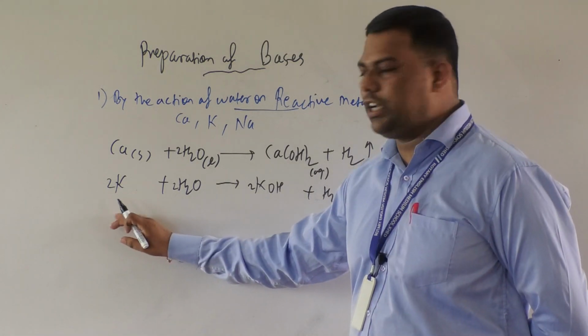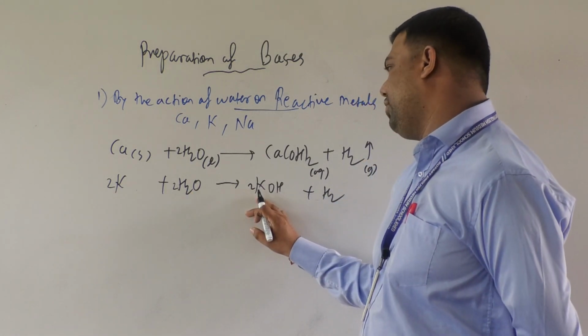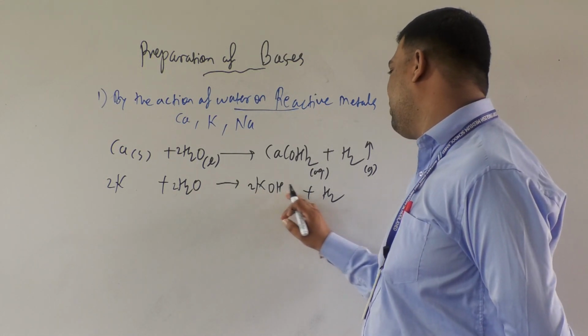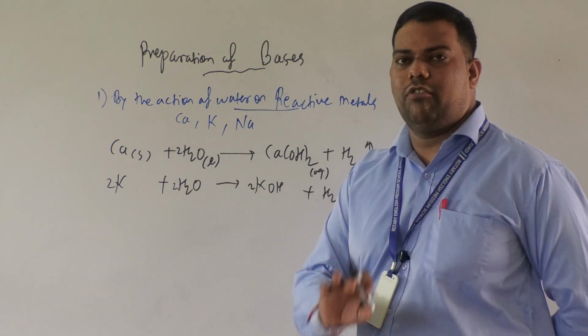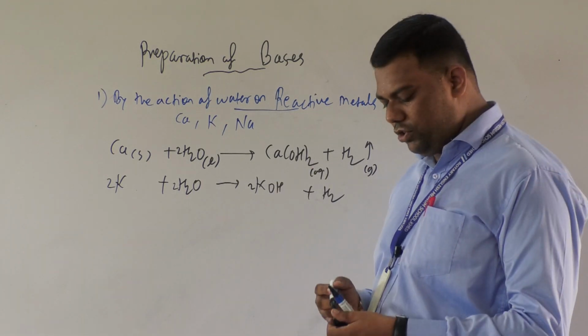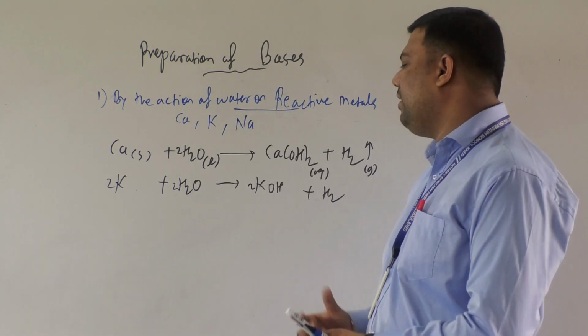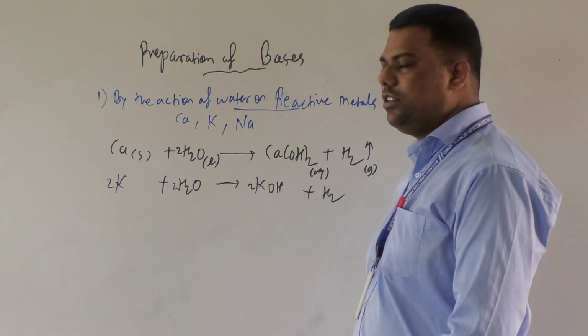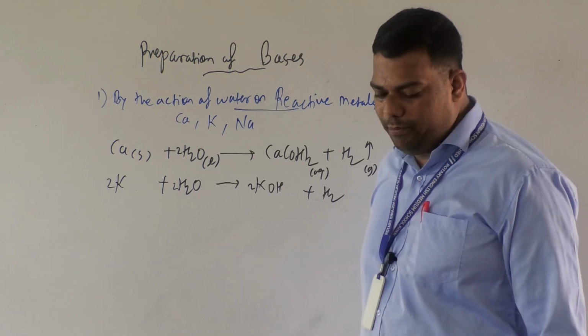See once again: 2 potassium, 4 hydrogen and 2 oxygen. Our reaction is balanced. Balancing is very much important here. So this is preparation by the action of water on reactive metals.